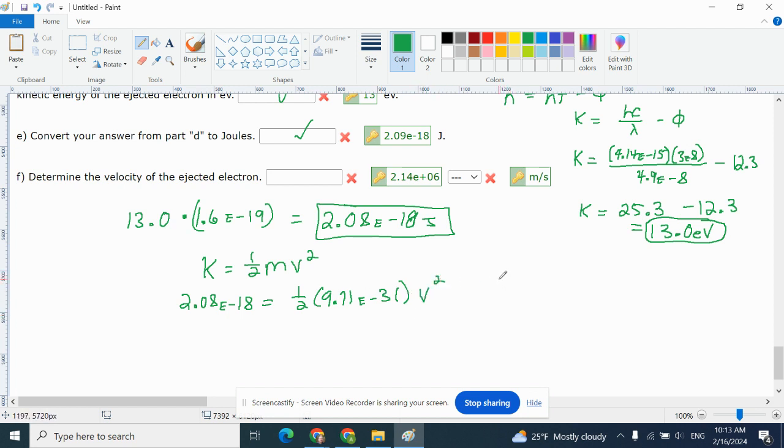Take my calculator, 2.08 E negative 18, divide by a half, divide by 9.11 E negative 31. Take a square root. V comes out to 2.139, so that'll be 2.14 times 10 to the 6th meters per second.